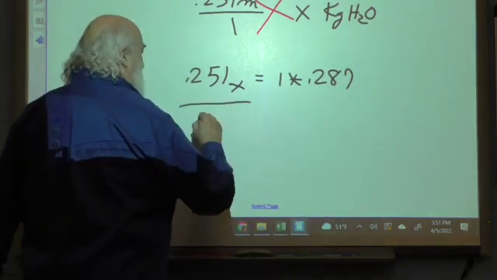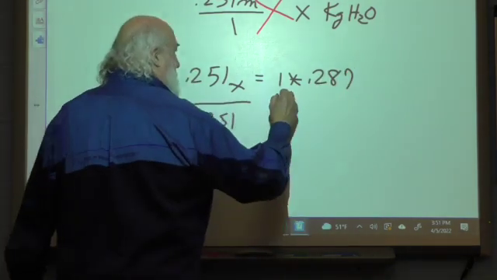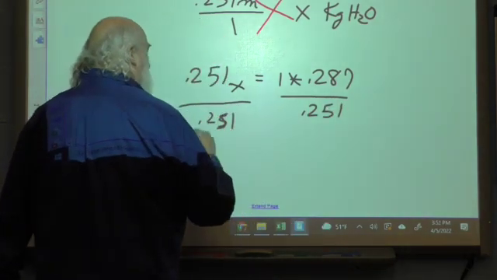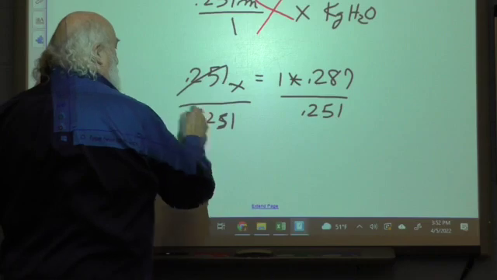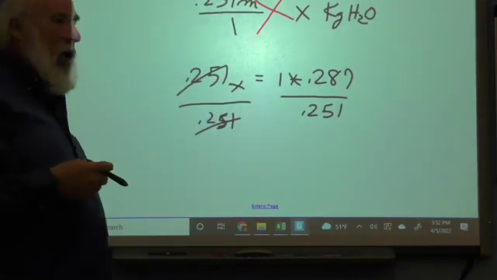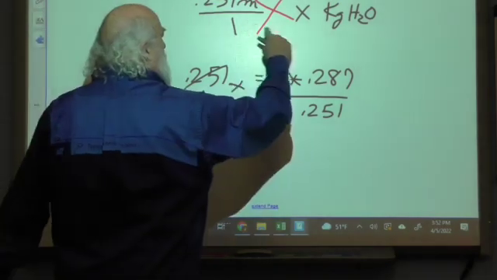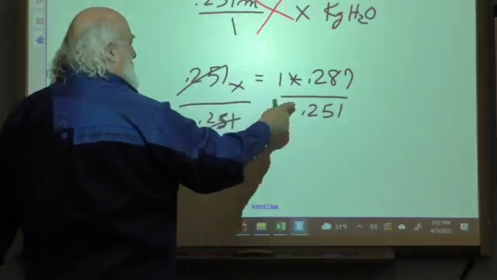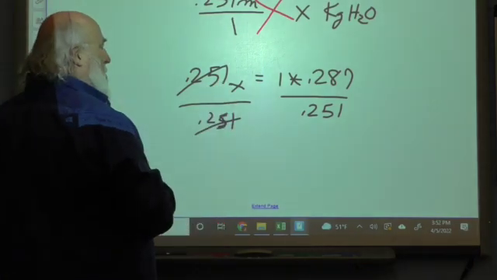And then we divide by 0.251. And the 0.251 cancels. Now, you notice that this is the shortcut that you can use in problems like this: when you have a format like this without the 1, all you have to do is switch these two places around. That's exactly what happened there.